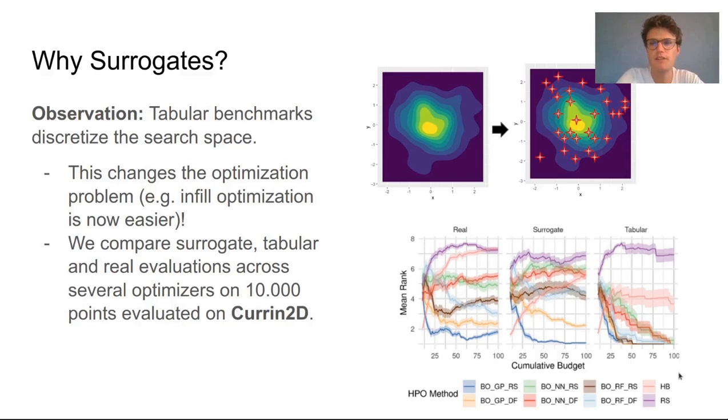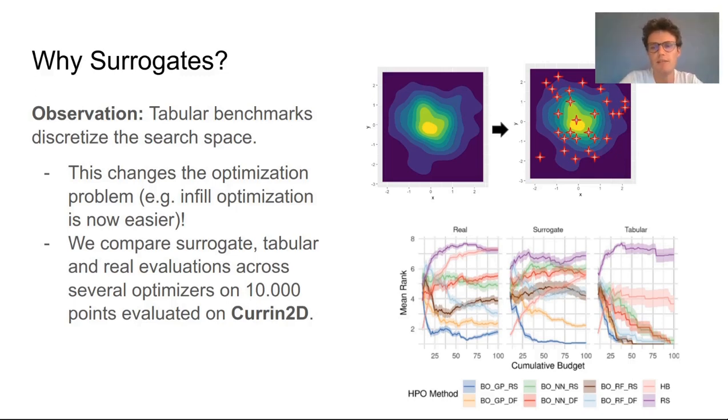We conduct a small experiment to investigate the effect of this discretization on a 2D synthetic benchmark function. For this experiment, we use a tabular benchmark with 10,000 points, a surrogate benchmark trained on the same 10,000 points, and the real function evaluation, and compare them across 8 optimizers.